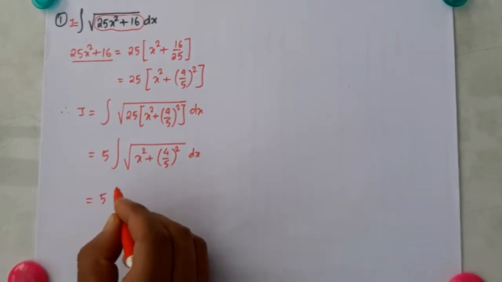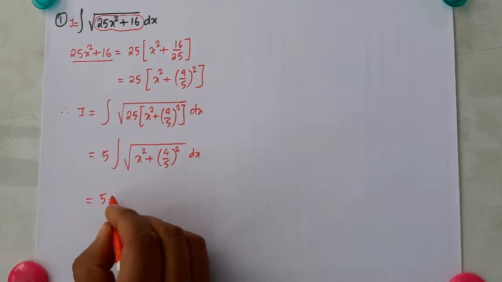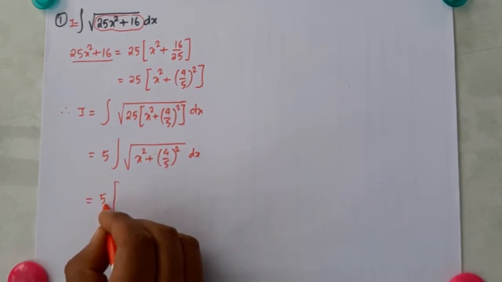So the formula for that, if you refer, is, okay, 5 is outside, so let me put a bracket here.